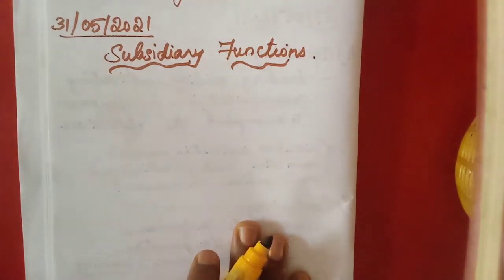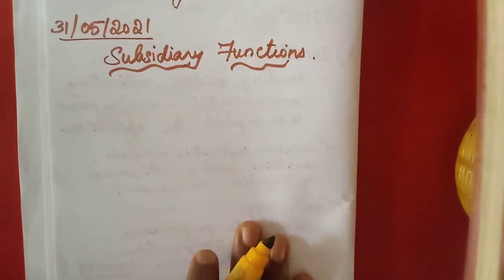Okay, then the next one, directing. Directing means they have to communicate, they have to guide, they have to assist them, and they have to motivate them, they have to lead all the people in the organization towards achieving the common goal or accomplishing the objectives of the organization. Here we can say they have to communicate.